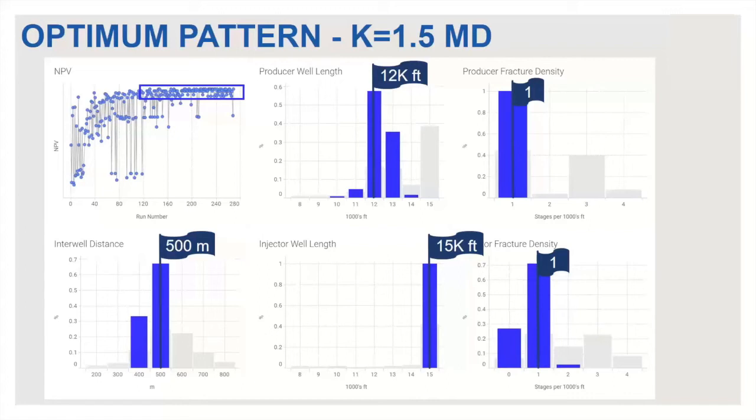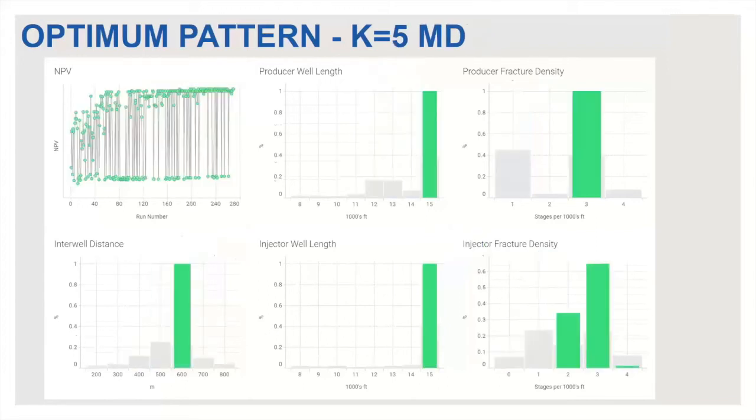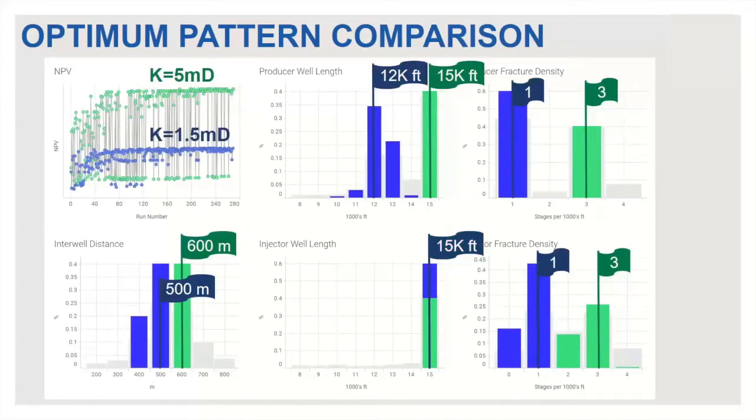And also in terms of fracture density, you can see that the optimization is advising us to go for 1 stage per 1,000 feet. So now let's look at the case with 5 millidarcy. You can see the histogram moved a little bit, it shuffles. And if we compare both cases here, when you get to a higher permeability, your optimization advises you to go for larger well spacing.